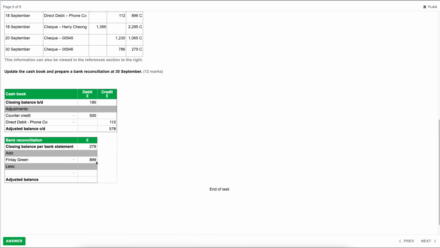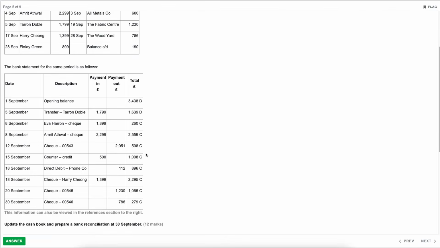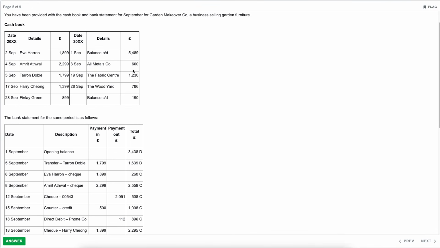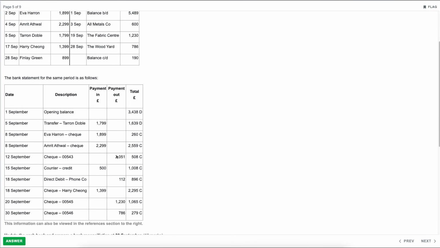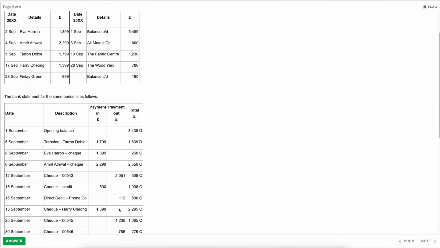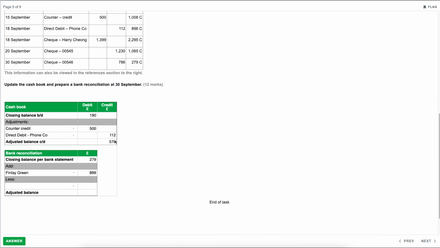Okay, so then we need to look for, this is going to be a payment. So let's have a look at our payments now. So we had 600 from All Metals, which is our missing payment out. So we got the others, hadn't we? 1230, 786. Okay, so it would be our All Metals Co. for 600.